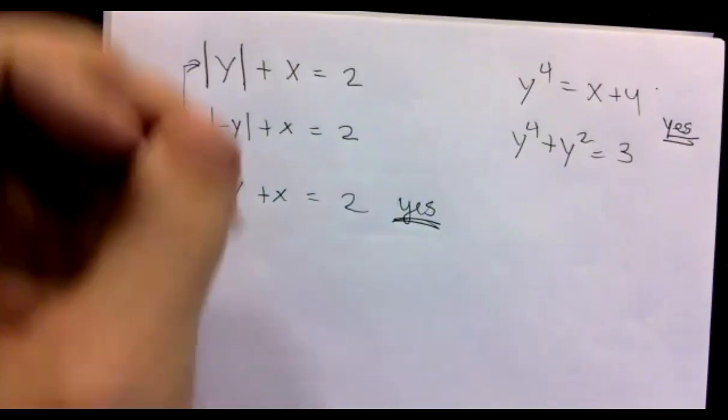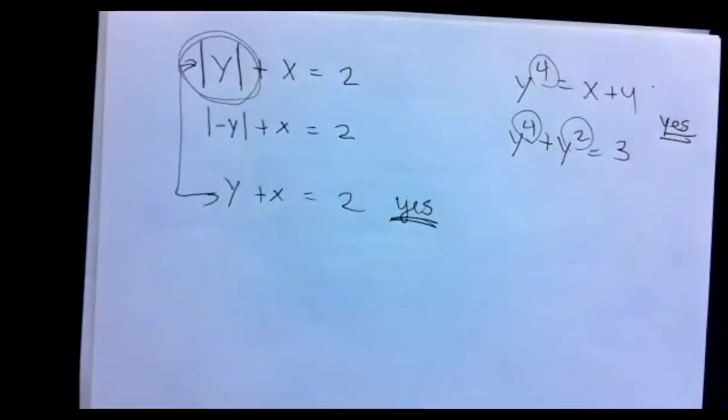So that's kind of your key: an absolute value of y, or y's to all even powers. And they do have to all be even powers.